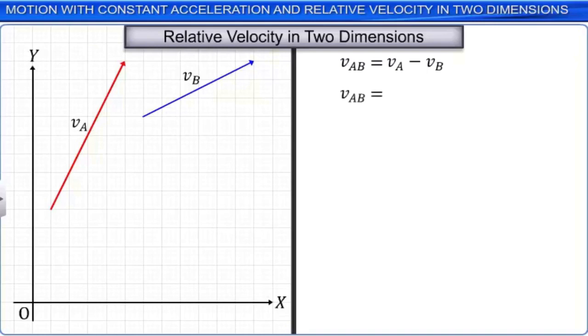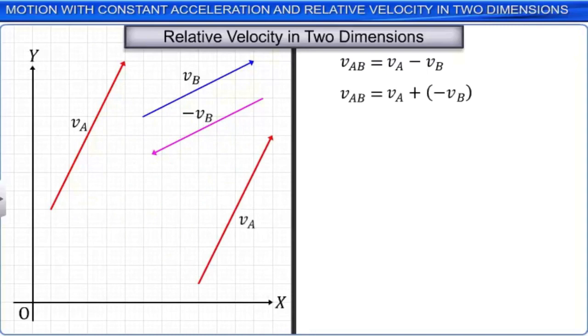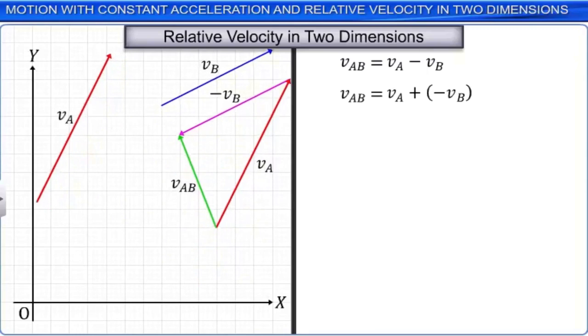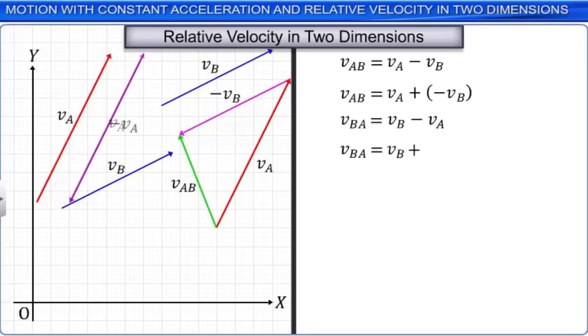Now when it comes to the components, we will look into how to write this. Before that, the minus can be written as plus minus of vb, that means it shows the opposite direction. So when we take va and vb in the opposite direction, the resultant will be given by the triangular law of vector addition, which is vab equal to va plus vb, but here the vb has a minus sign.